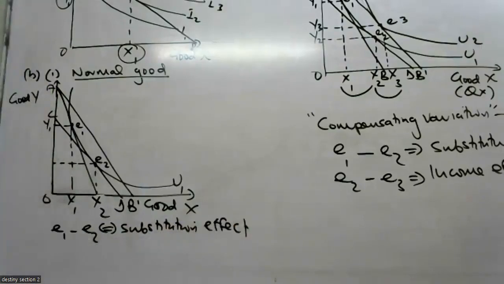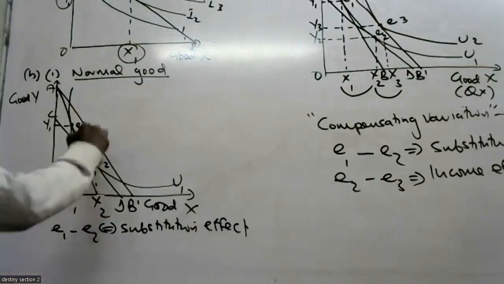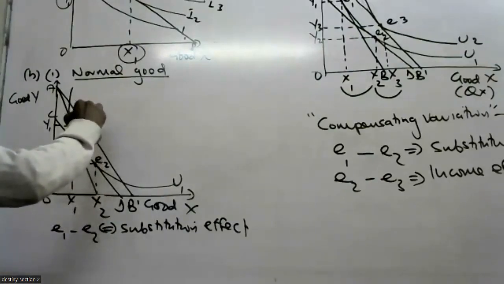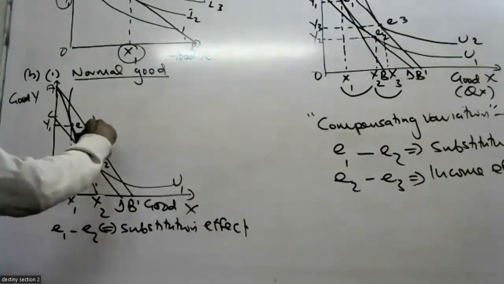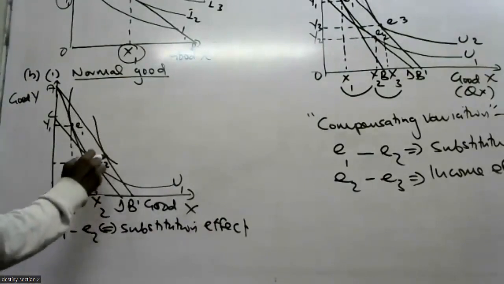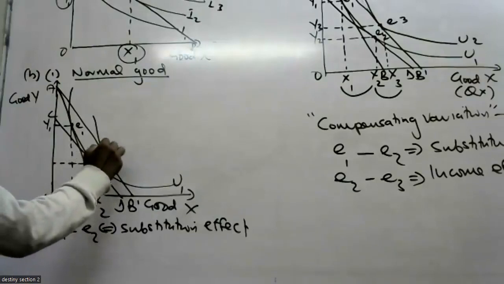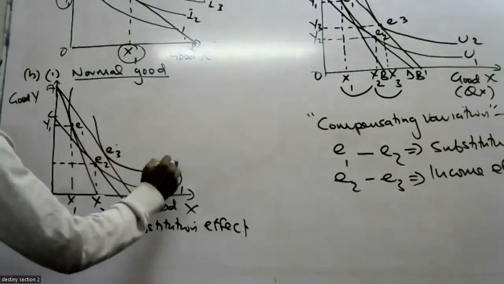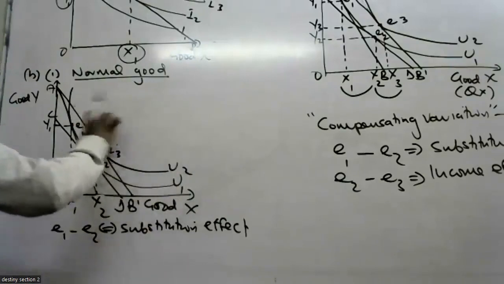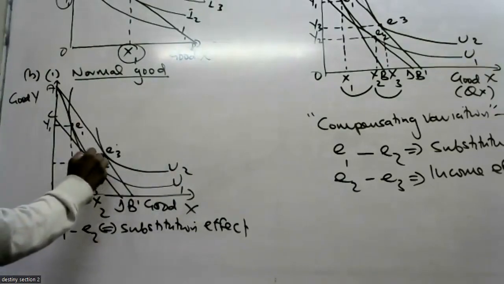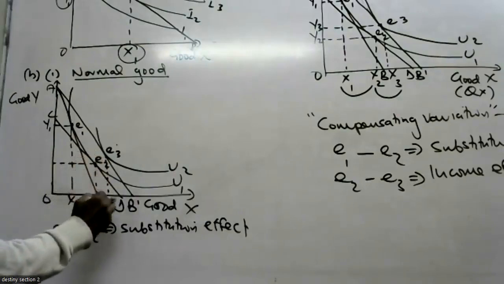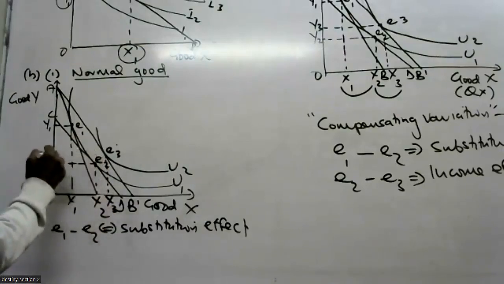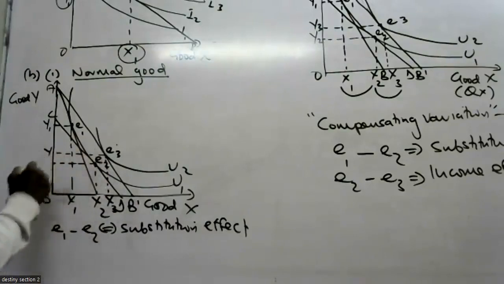Then you want to introduce your income effect. So you introduce a new, higher indifference curve. Make sure it touches the outside line. So this is E3. This is U2. At E3, you'll have more units of X, X3, and Y3 units.